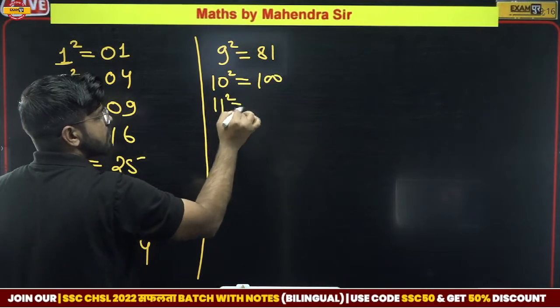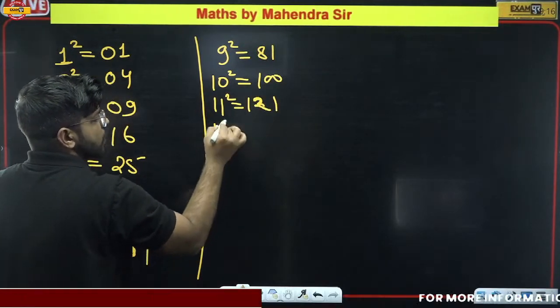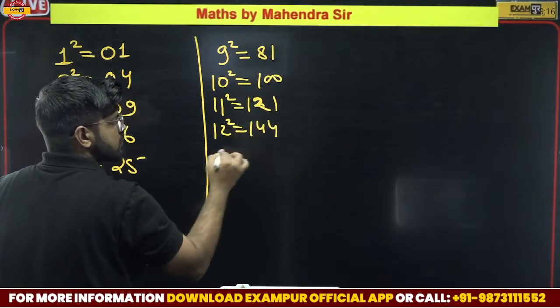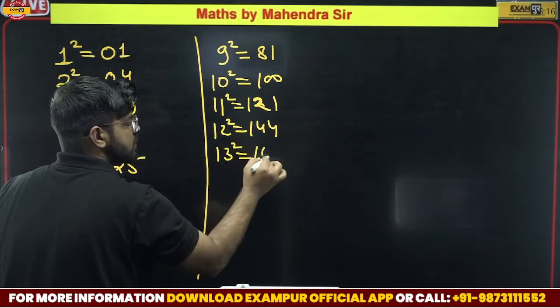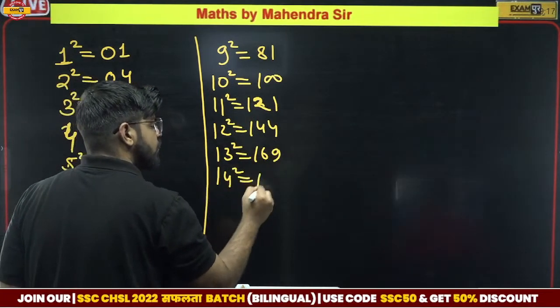Then 11 square will be 121. 12 square will be 144. 13 square will be 169. If you know that fast, you will find out very quickly.